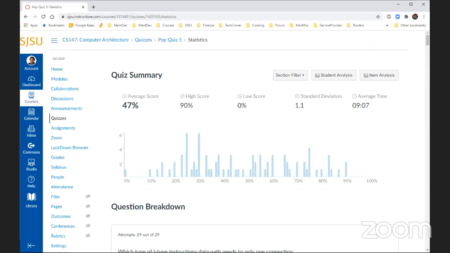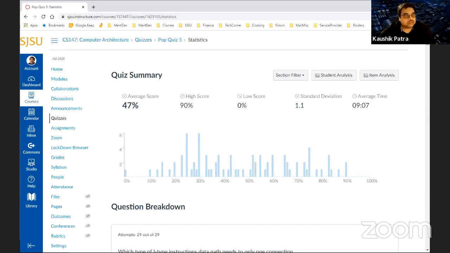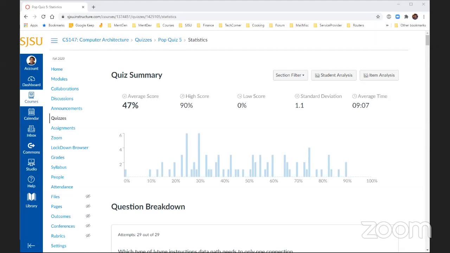Hey, Professor? Could you unmute so we can actually see what we got? Oh, okay. Just hold on. Thank you. Right, where is that? Not moderate.